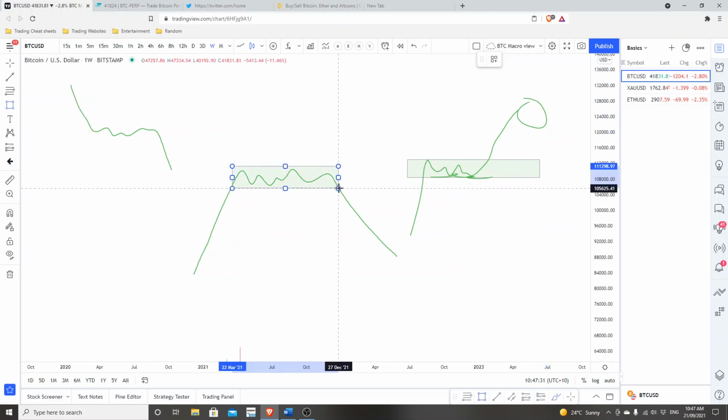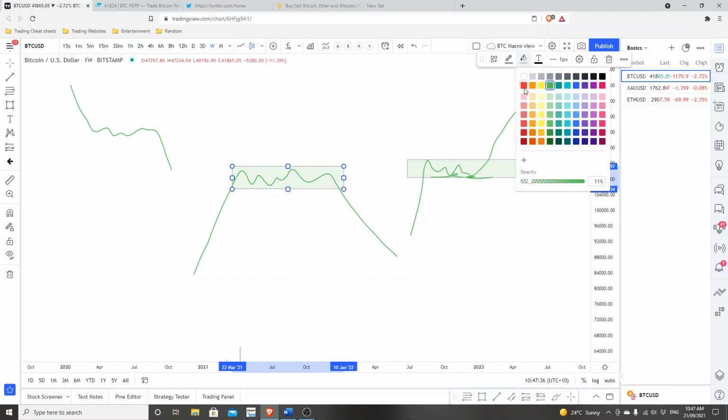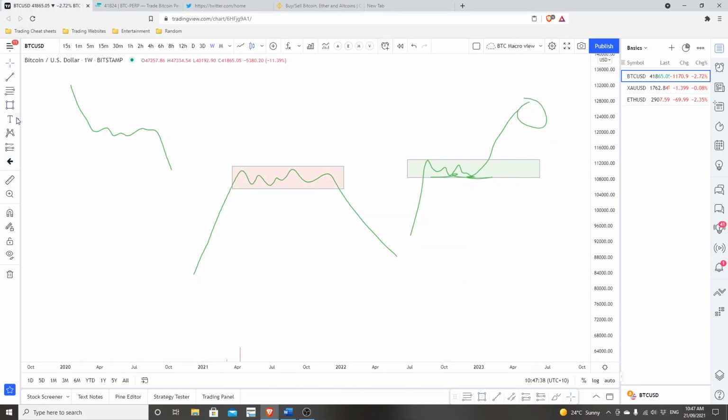Now we have distribution here, and I'll make this red. And now this is where the big market makers, the big money guys, maybe they've played this pattern out, they've accumulated and it's pushed, and up here where they're selling is this distribution pattern, and they're selling at the top here, right?